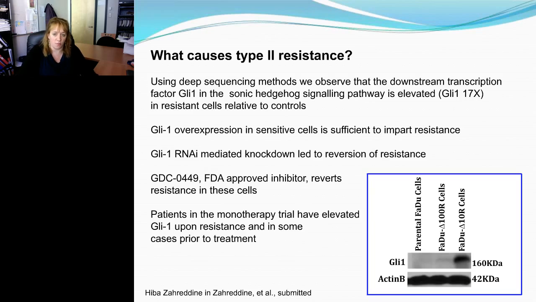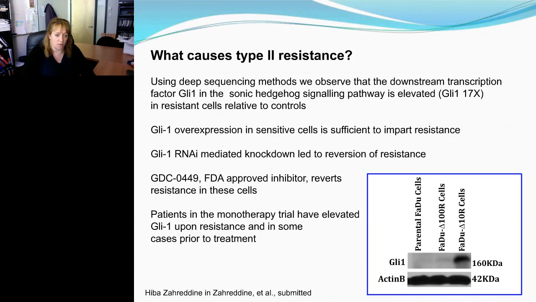The other things that we could follow on to show you is that GLI1 overexpression in sensitive cells is actually sufficient to impart ribavirin resistance and also resistance to other drugs, as I'll show you. GLI1 RNA-mediated knockdown led to reversion of resistance.